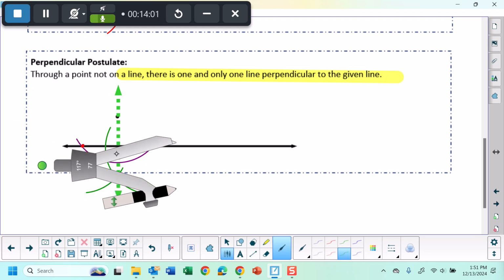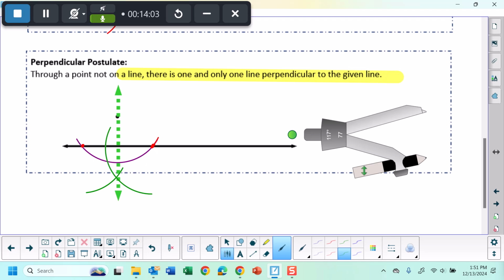And if you'll notice, it matches up with what my imagined perpendicular bisector was when I match up the point and the arcs underneath.